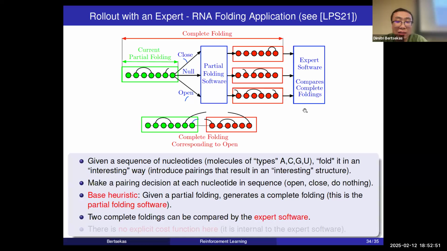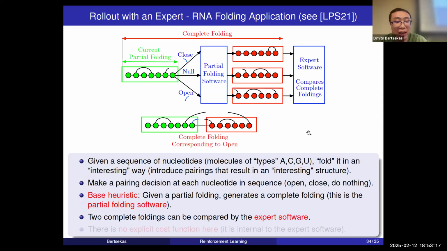And then the second ingredient is this expert software, which evaluates those 3 complete foldings to decide which one is the most interesting. Well, at this point, there is no consensus among the biologists about what it really means to be interesting or useful or correct or optimal.